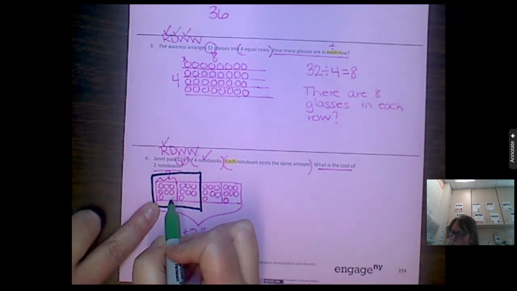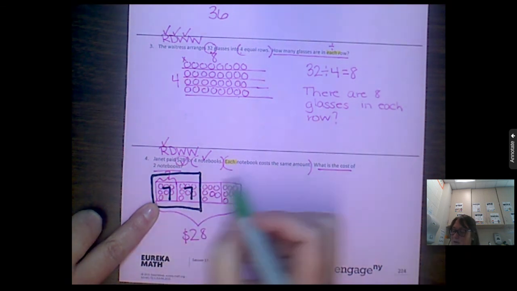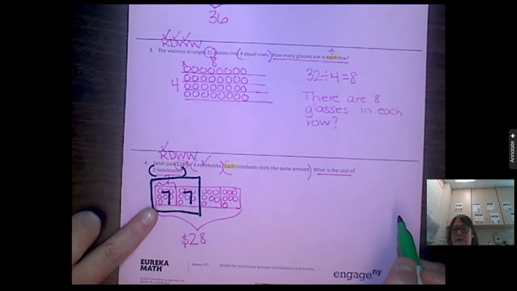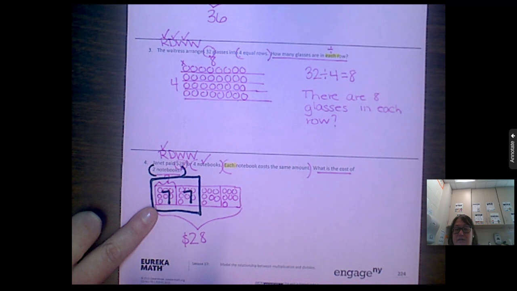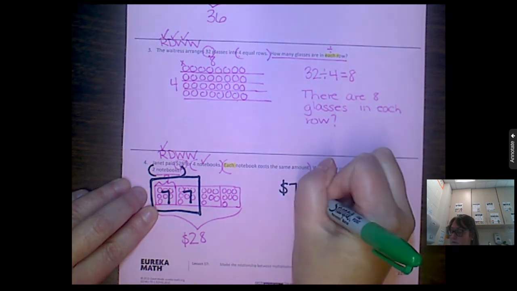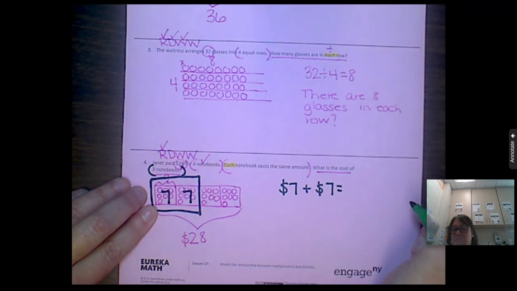What does each notebook cost? 7, right? This costs 7 and this costs 7. So I want to know what is the cost of 2 notebooks. So how do I find that? I'm going to add those 2 numbers together, right? So 7 plus 7 equals 14.